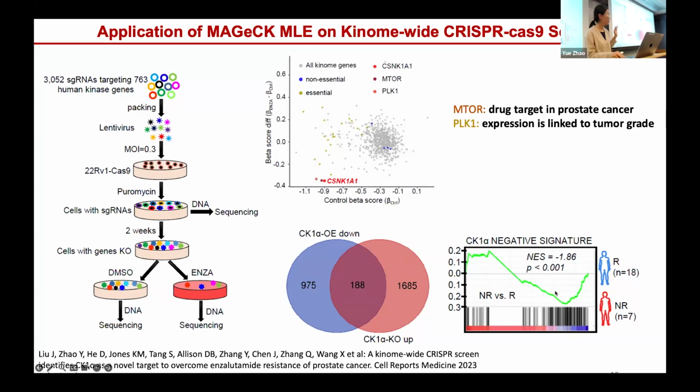So here I'm just showing an example of how we start with a CRISPR drug screen, follow the exploratory results, and further validate or test some hypotheses or have some novel discovery.